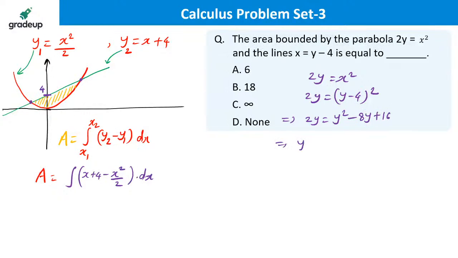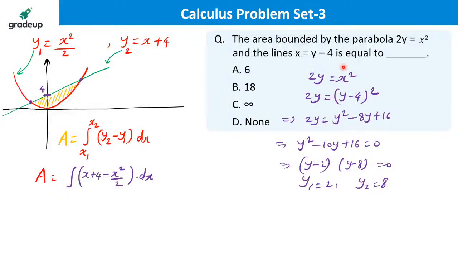So this can be written as y square minus 10y plus 16. The factors are y minus 2 and y minus 8. So y1 equal to 2 and y2 equal to 8.